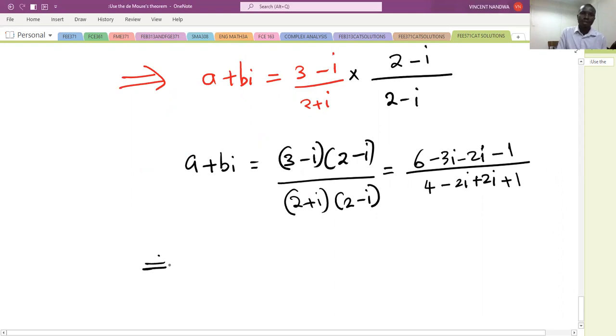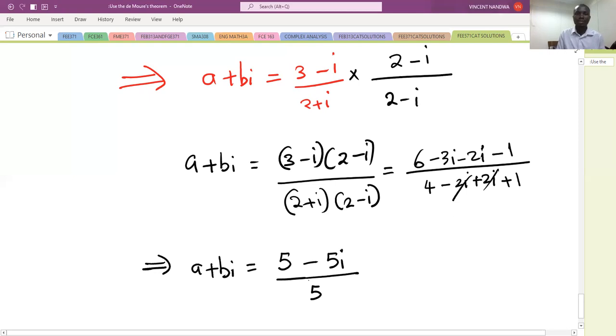So this implies A plus BI equals 6 minus 1 is 5, minus 3I minus 2I is minus 5I, over 4 plus 1 is 5, because minus 2I and 2I cancel out.